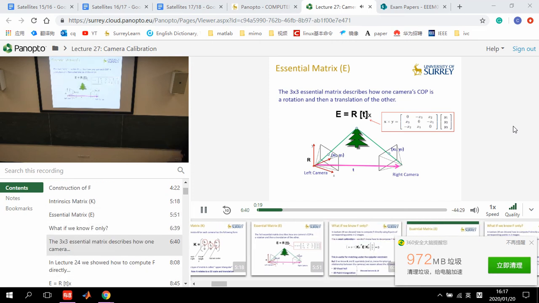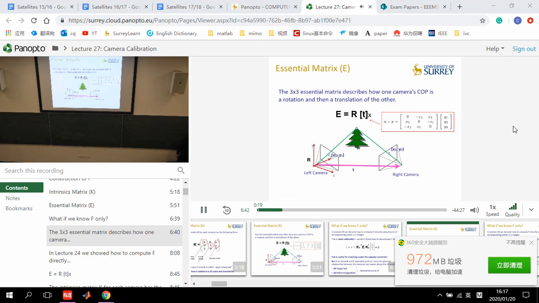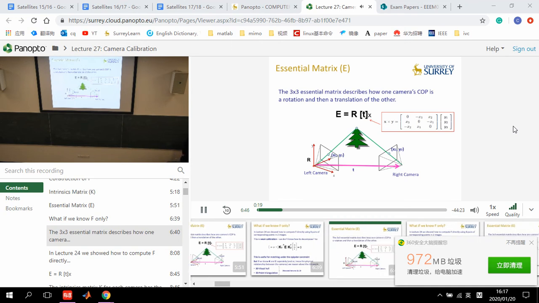So in this setup, just to reiterate what we talked about last week, when we talk about the intrinsics of each camera, they're independently defined. Each camera can have its own focal length, its own optical center. That's why we've got two Ks in that equation, the K1 and the K2.